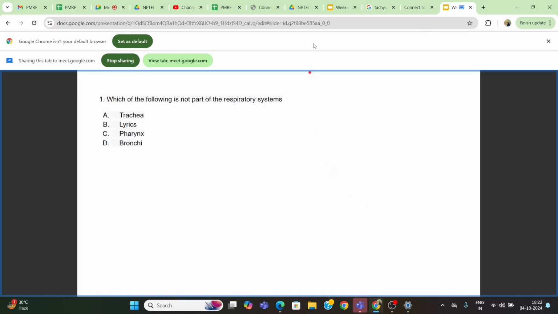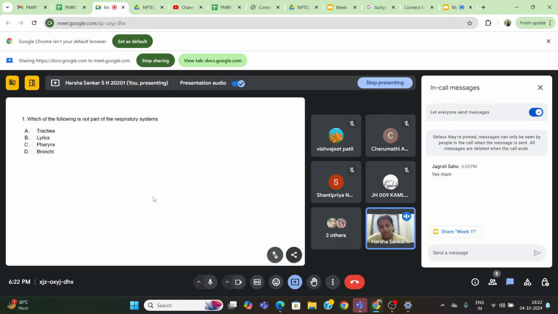Which of the following is not a part of the respiratory system? Option A, trachea. Option B, larynx. Option C, pharynx. Option D, bronchi.